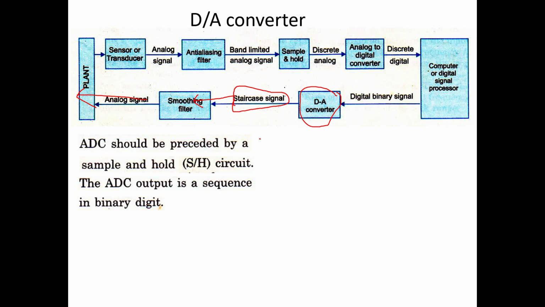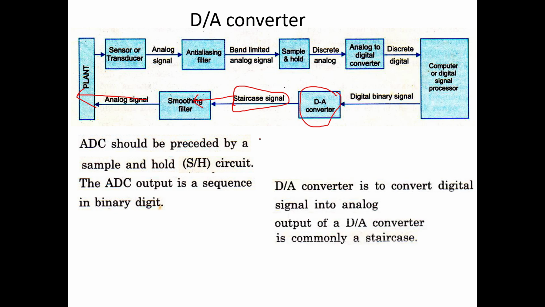ADC, analog to digital converter, should be preceded by a sample and hold circuit. The ADC output is a sequence of binary digits. A D by A converter, or digital to analog converter, is to convert a digital signal into an analog signal.